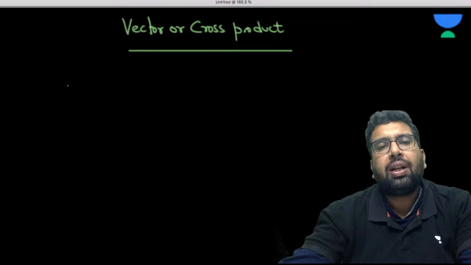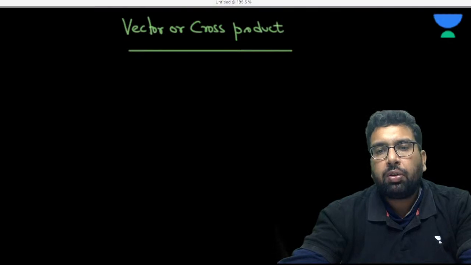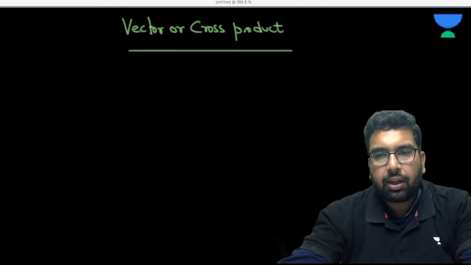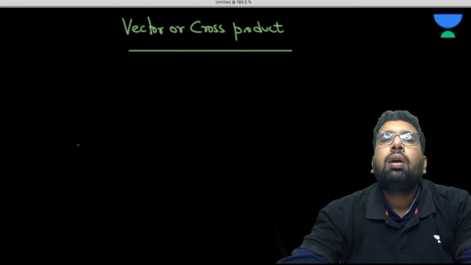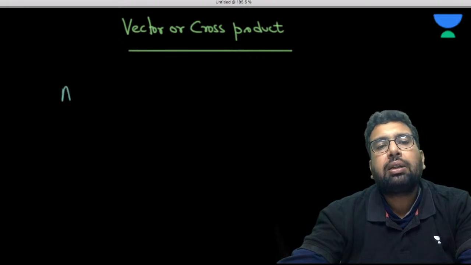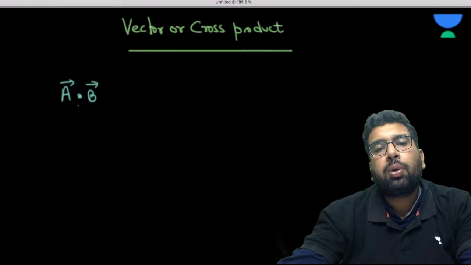So see, very simple. Like when I started with the multiplication of vectors, I told you two vectors multiplied may give a scalar as a result or may give a vector as a result. If two vectors have the dot product, we get the scalar.